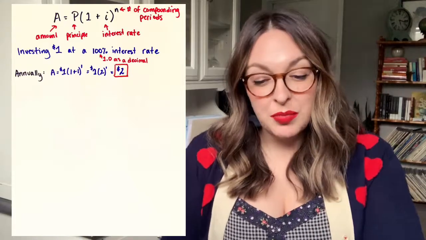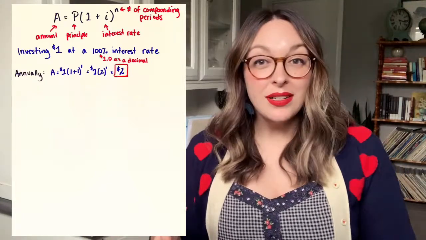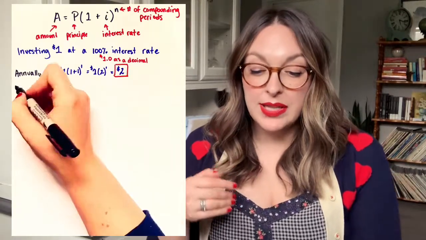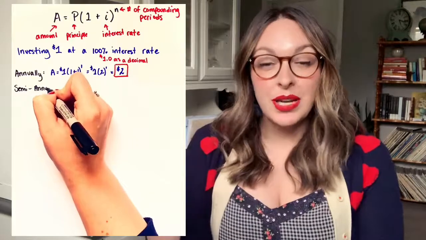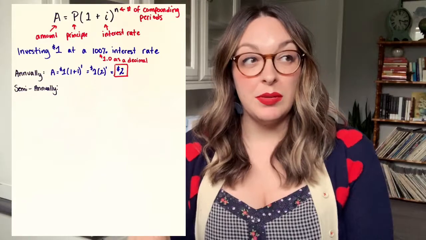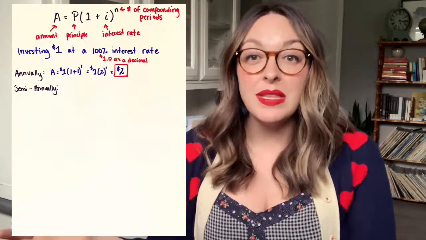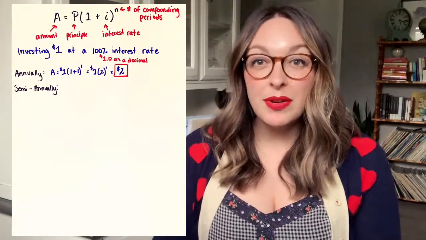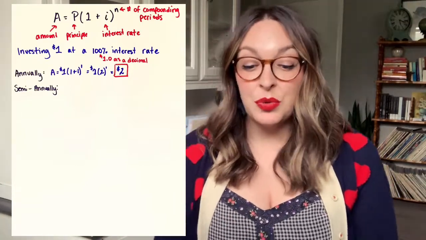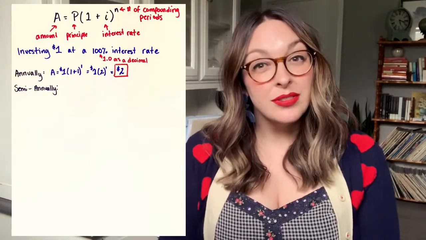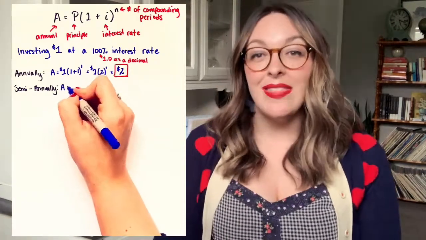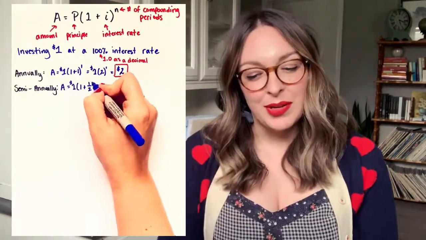But I'm using these really simple numbers here because I want to know, is it better to actually compound semi-annually? If we're compounding semi-annually, we'll still do the 100% interest rate over the year, but we'll do 50% after 6 months and then another 50% after the next 6 months. And that's what it means to do semi-annually. So we'll get the amount that we earn semi-annually by using the formula A is equal to 1 plus 1 over 2, because we're compounding that twice, so you have to divide the interest rate by 2, and that's to the power of 2 because there are 2 compounding periods now.